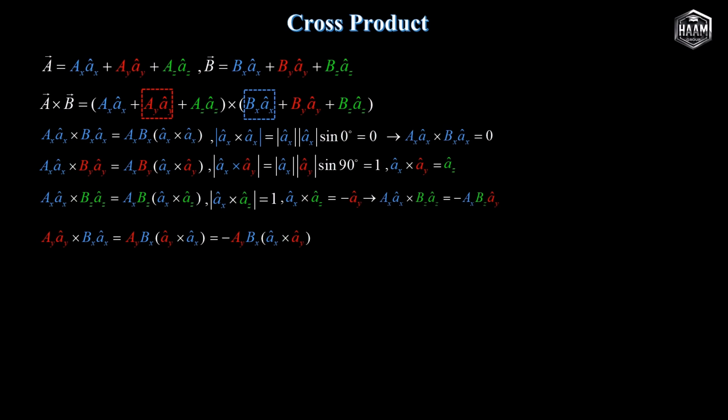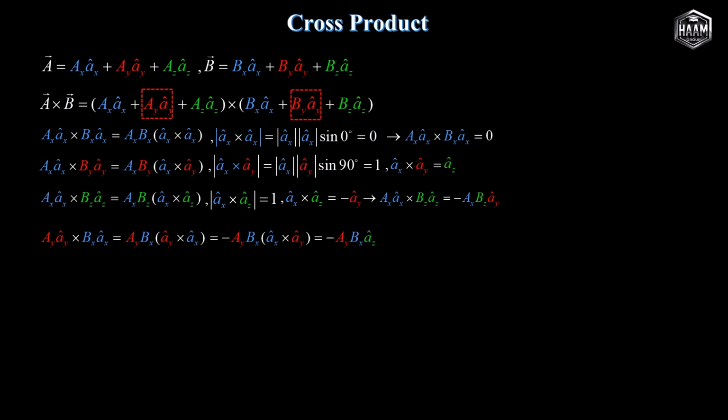A hat sub x cross A hat sub y. Having previously established that A hat sub x cross A hat sub y equals A hat sub z, it follows that A hat sub y cross A hat sub x equals minus A hat sub z. Thus, this product evaluates to minus A sub y times B sub x A hat sub z.